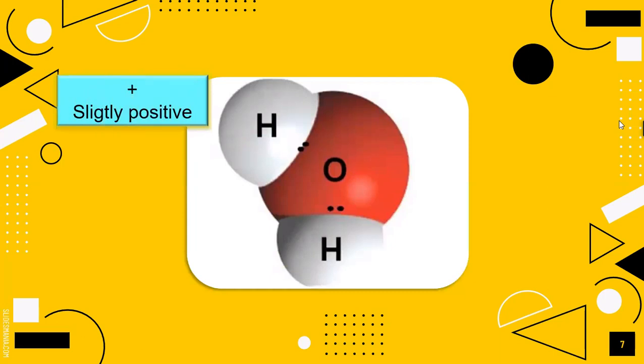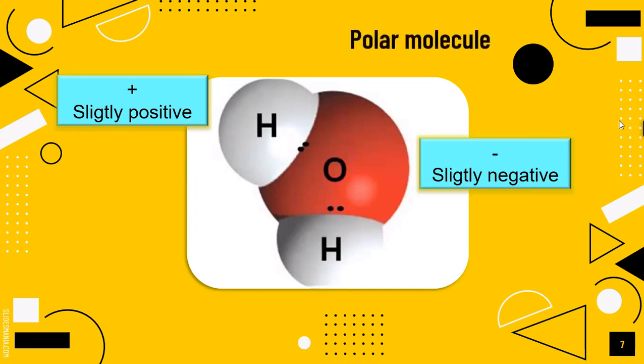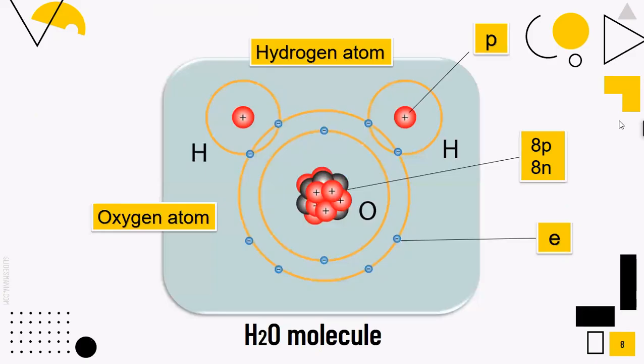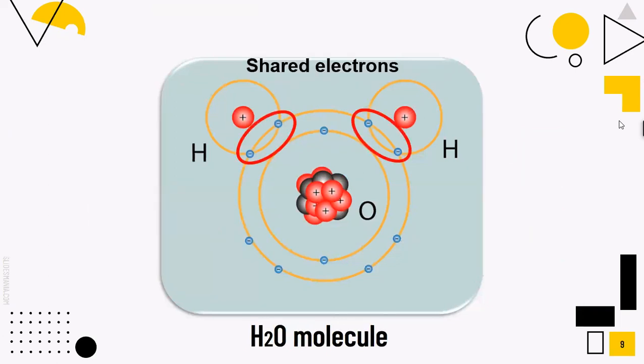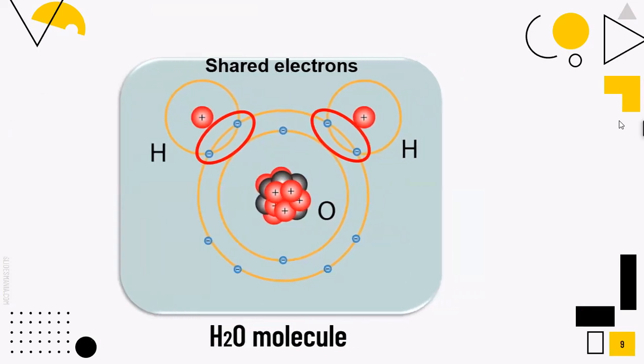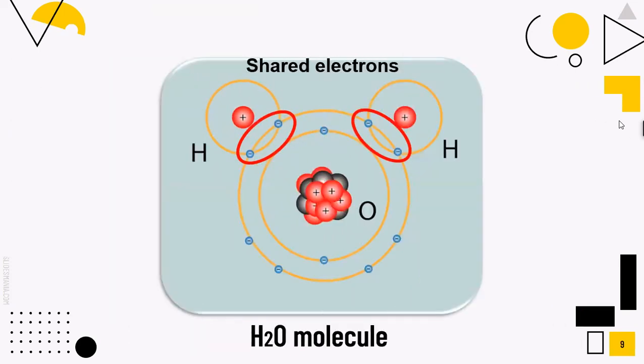Hydrogen bonds are the result of an unequal charge distribution on a molecule. These molecules are said to be polar. If we look at a water molecule, we can see the oxygen atom shares electrons with two different hydrogen atoms.